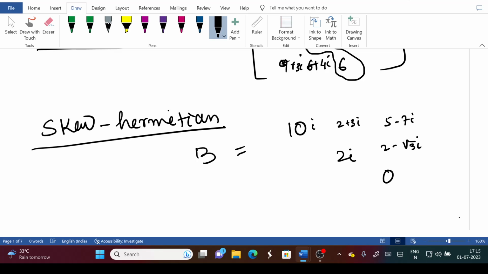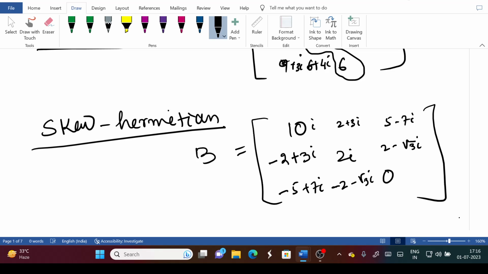Okay, it is root 3. So in this case, the transpose positions will have the same imaginary part and opposite signed real part, that is minus 2 plus 3i, minus 5 plus 7i, minus 2 minus root 3i. This is an example of a skew Hermitian matrix.